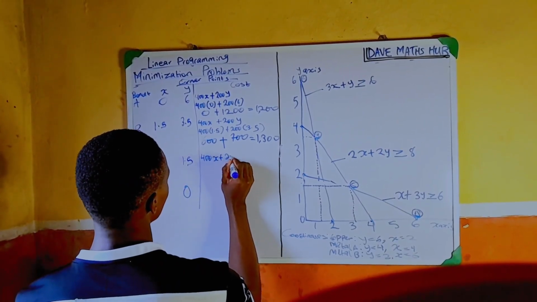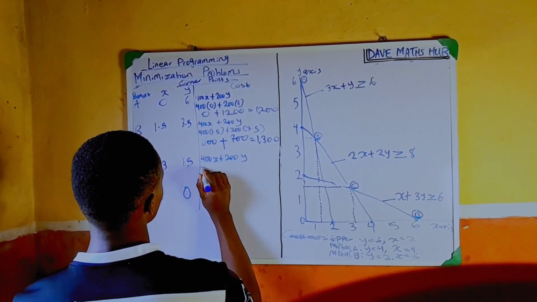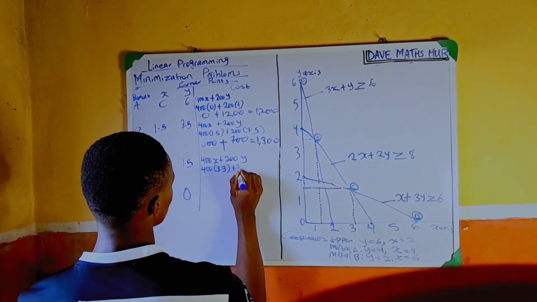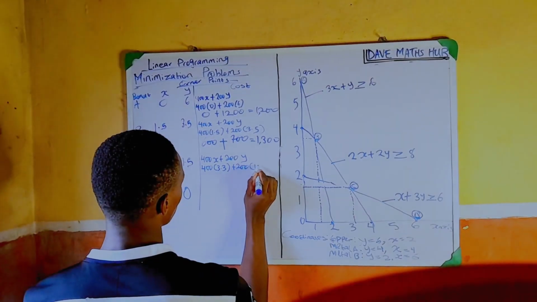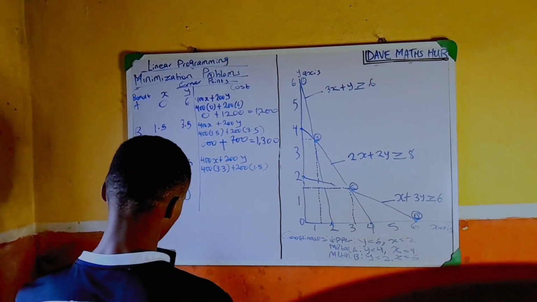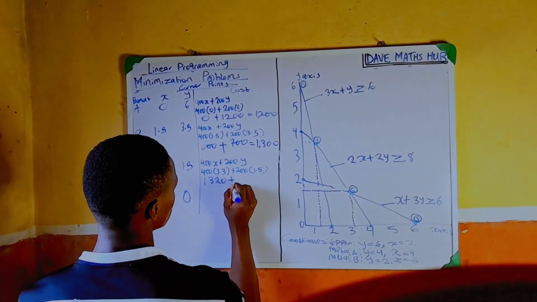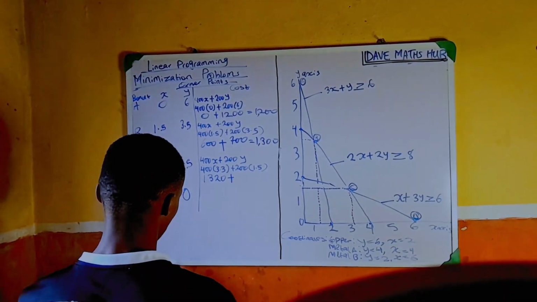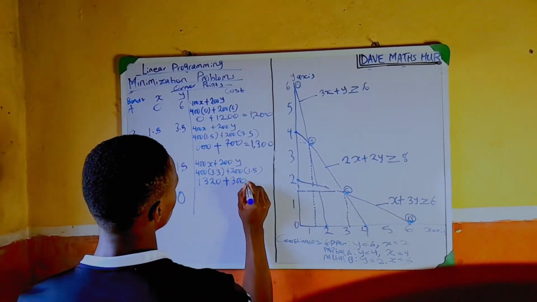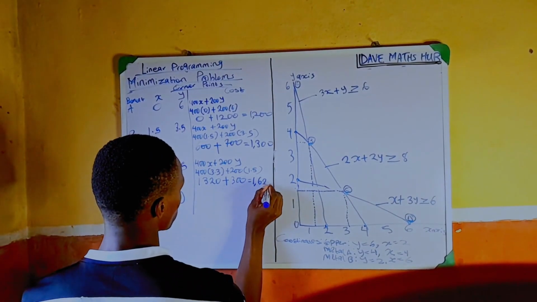Same thing. 400x plus 200y equals 400 times 3.3 plus 200 times 1.5. So 400 times 3.3 gives us 1,320, plus 200 times 1.5 gives us 300. So 1,320 plus 300 equals 1,620.